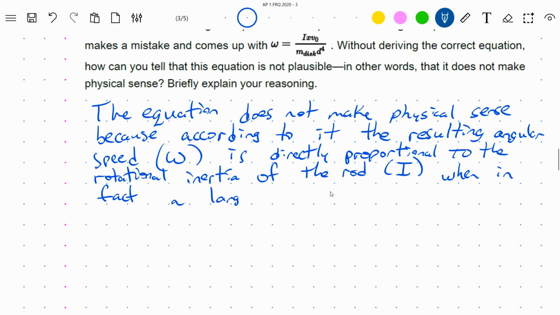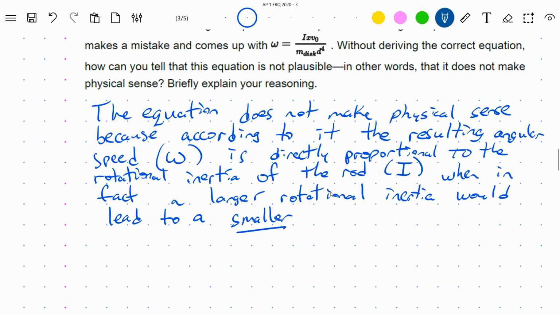A larger rotational inertia would lead to a smaller angular speed for any given angular momentum.